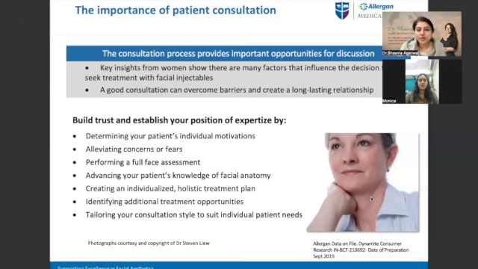So the consultation process provides important opportunities for discussion. Key insights from women show that there are many factors that influence the decision they take to seek the treatment. Now, why is it important for you to know why they want to get the treatment done? Because that is how you will deal with the treatment. If you assess that the reasons for them getting the treatment done are right, then okay, go ahead with it.